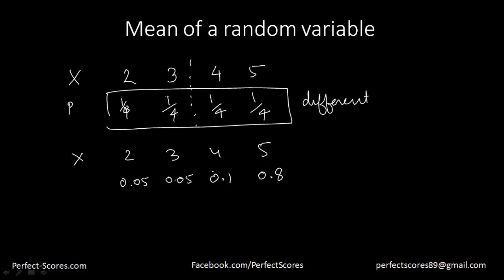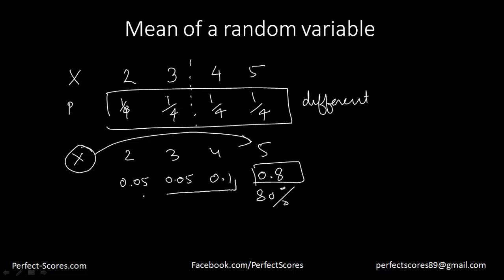Now you can clearly see that the chances of x coming out to be 5 are way higher. They are 80% as compared to these chances here, which are 20%, which means the mean will no longer be 3.5. The mean has to be more close to 5.